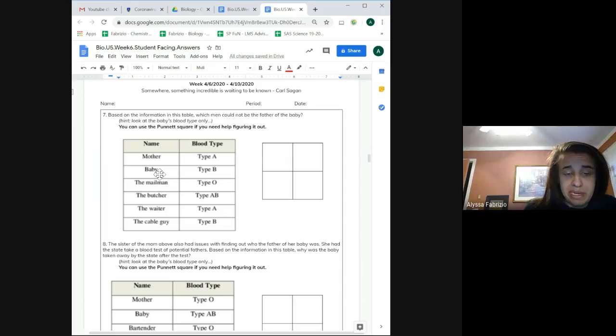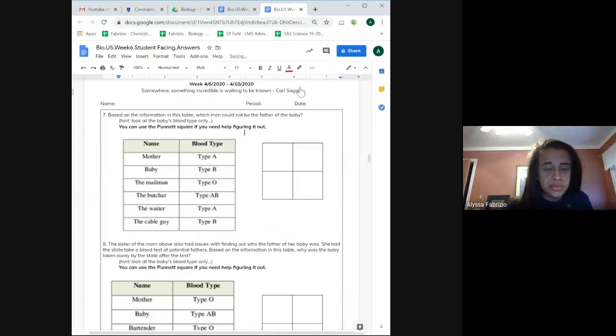So that means mailman is out. Butcher has B blood, so he can give the B blood to the baby. And then the waiter is out as well because he doesn't have a B allele to contribute to the baby who has type B blood. And then cable guy would be able to contribute the allele.